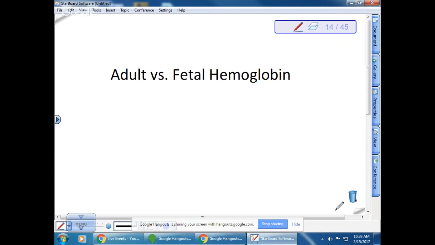So fetal hemoglobin, which is sometimes written as HbF, has 2 alpha globins and then 2, oh, I can't remember what this is, I just drew a blank, sorry. 2, not beta, gamma, that's right, 2 gamma globins.